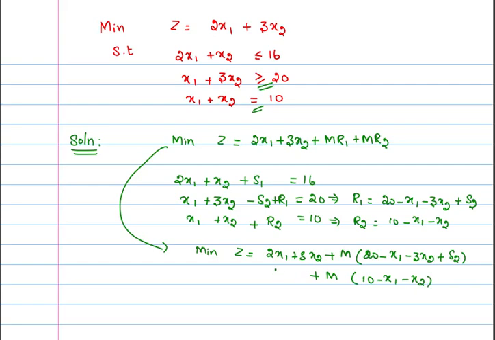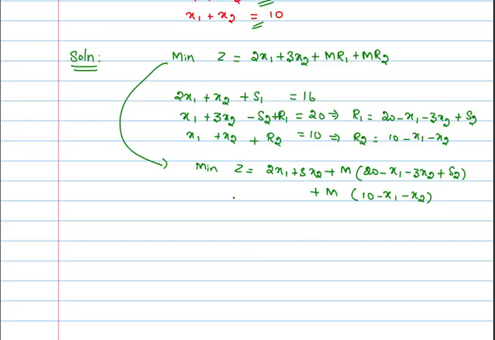Now we group the x1 coefficients. Minimization of z equal to, M times x1, correct? So minus 2M plus 2 times x1.